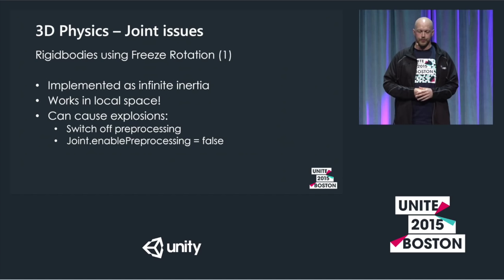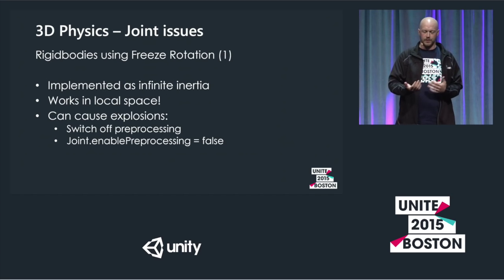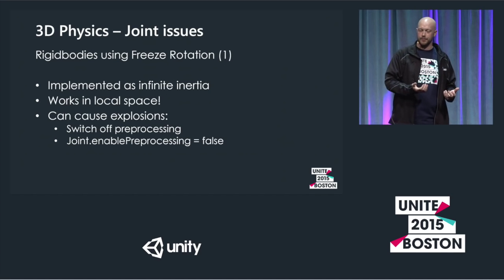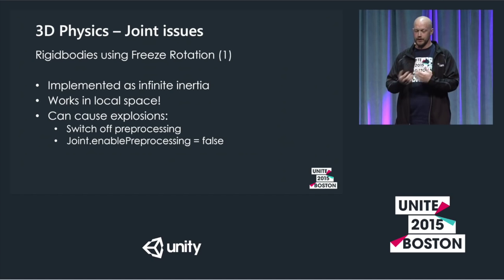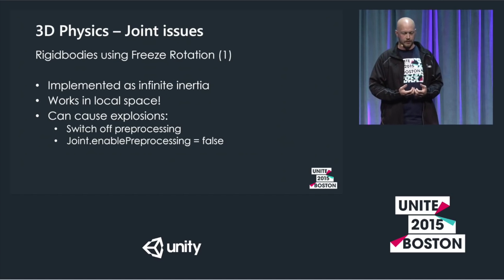Some people are also using freeze rotation to make rigid bodies not turn around, and sometimes you also use it to simulate 2D-like behavior in a 3D environment. This is in local space now in Unity 5, where in Unity 4 it's in world space, and this is because physics has changed the way that they resolve constraints.